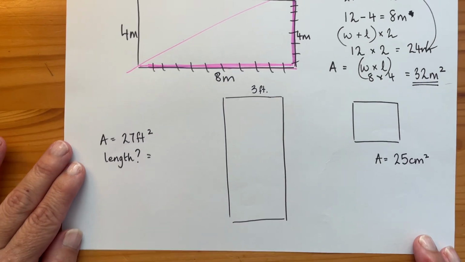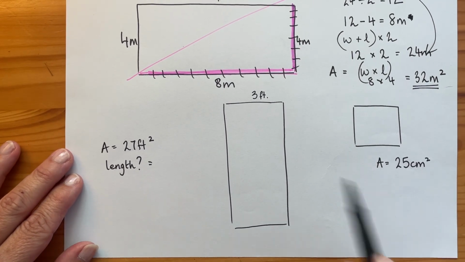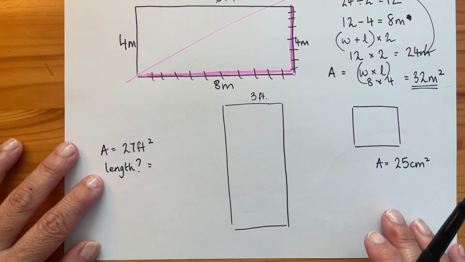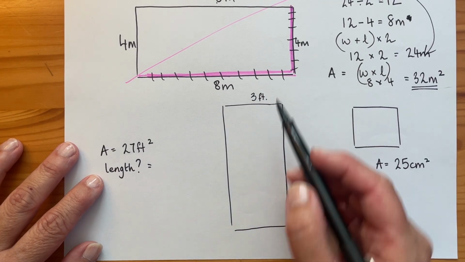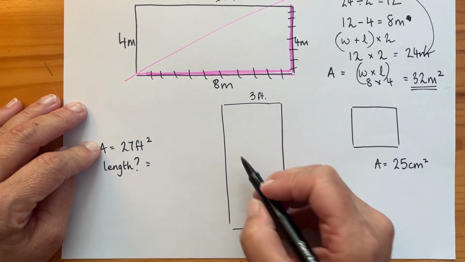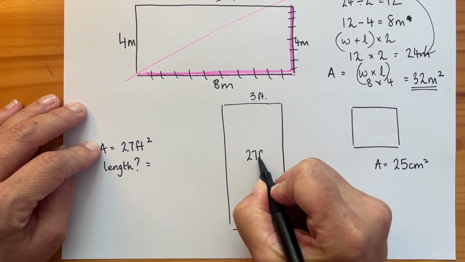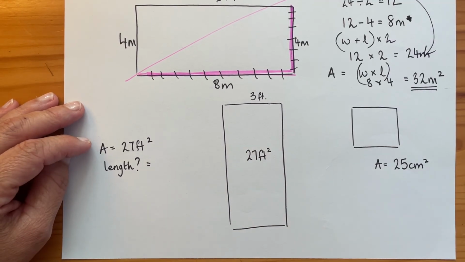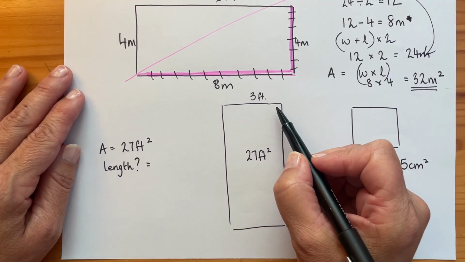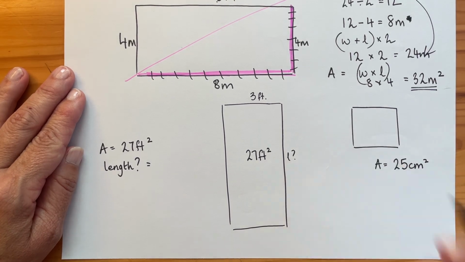All right, so now what we're going to do is we're going to look at this problem right here. This problem also has some gaps, and they're going to ask you to try to figure out what the missing information is. So in this case, they're telling you that this rectangle is 27 feet squared. We know that the width is 3 because they've just told us, but we don't know what the length is.